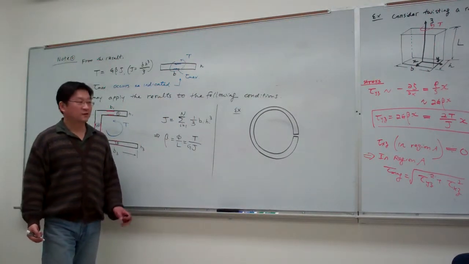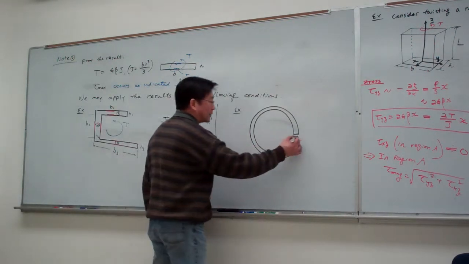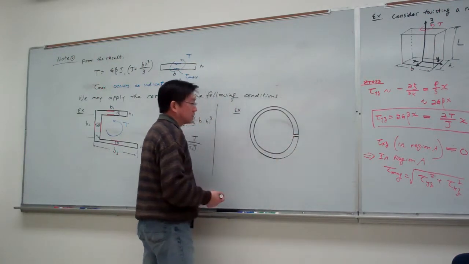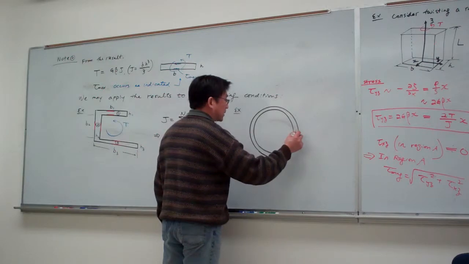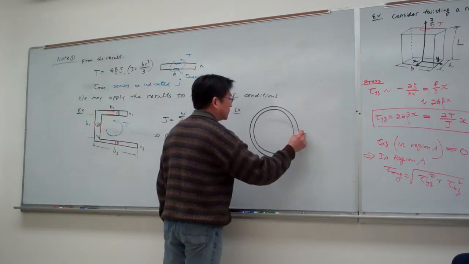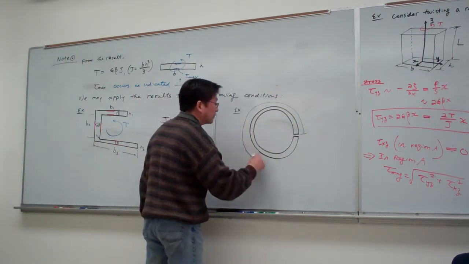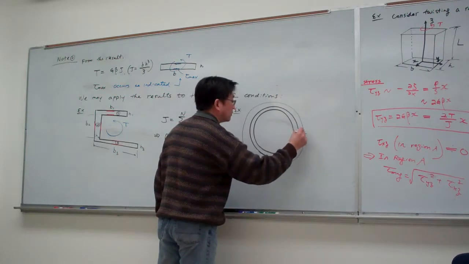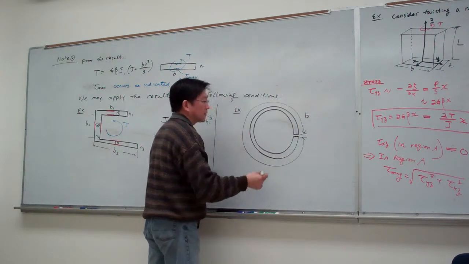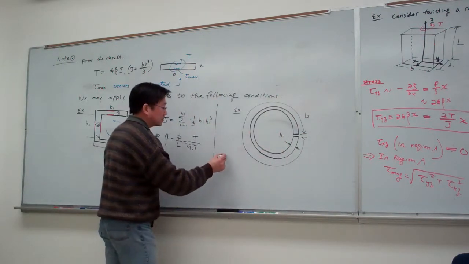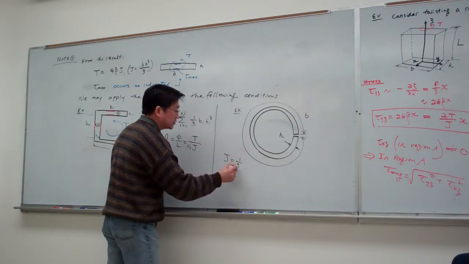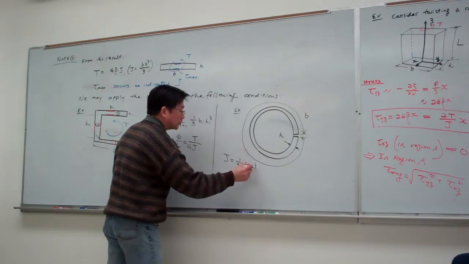So for this case, there's a small gap here, like a serrated ring. Let me say the dimension from here to here, let me call that B, and the thickness is H. So for this case, the J will be equal to 1/3 B times H cubed.